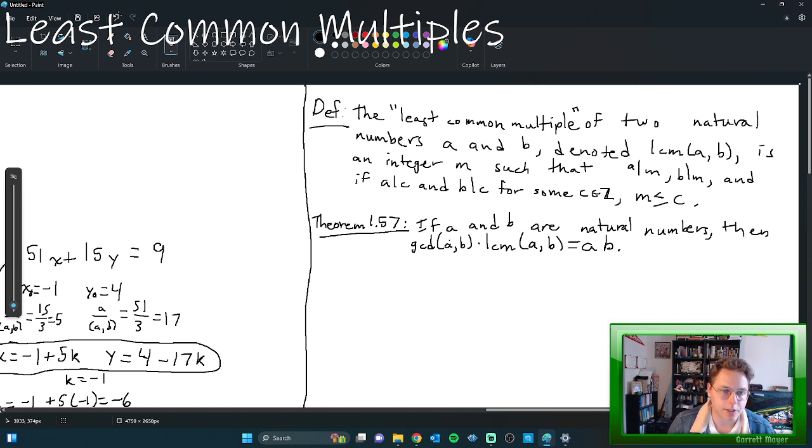If we have the GCD of A and B multiplied by the least common multiple, we'll always just get the product of A and B. So let's go ahead and prove this.